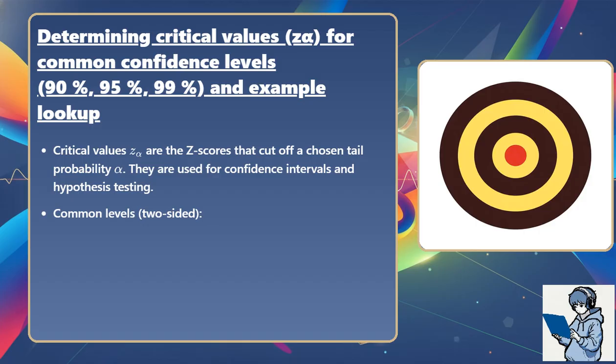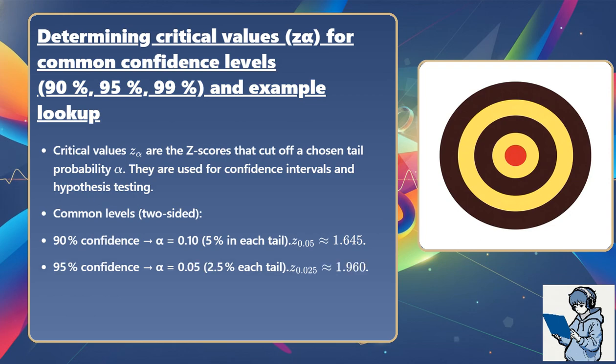Common levels, two-sided. 90% confidence, alpha equals 0.1, 5% in each tail, z sub 0.05 approximately 1.645. 95% confidence, alpha equals 0.05, 2.5% each tail, z sub 0.025 approximately 1.960. 99% confidence, alpha equals 0.01, 0.5% each tail, z sub 0.005 approximately 2.576.